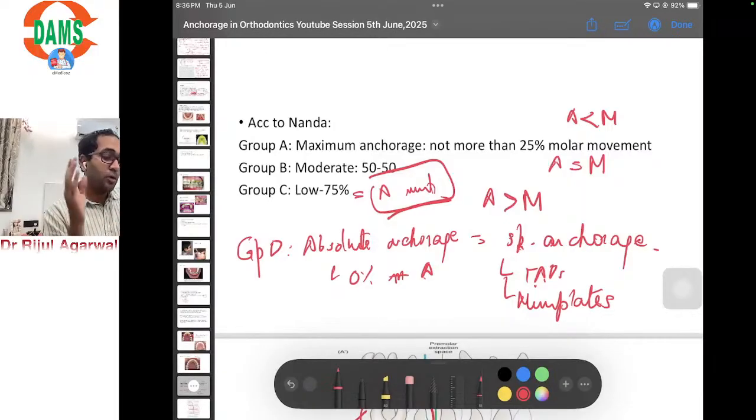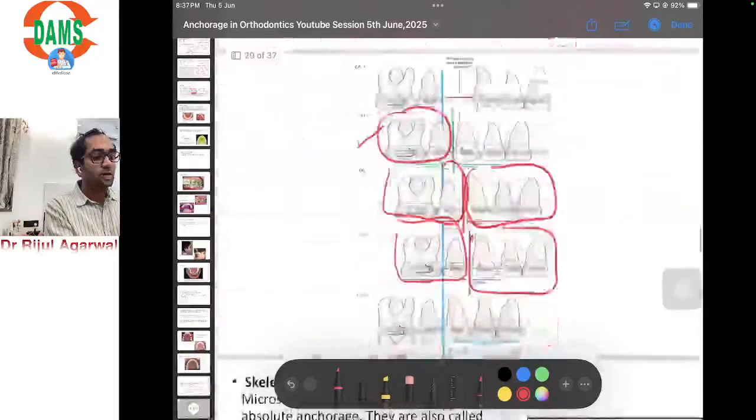They are examples of skeletal anchorage units, and they can also act as a means of reinforcing. So we are using additional means to reinforce our anchorage. There are certain situations in which we cannot afford even 0 mm of movement of certain teeth, so there we take the help of these.